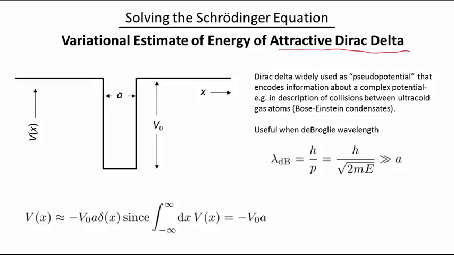I think there's a DLMF chapter, DLMF section 1.17, for the Dirac delta. I think that's very clearly and accessibly written.